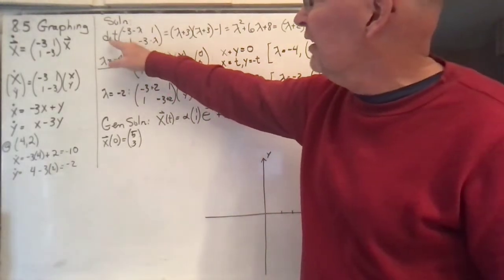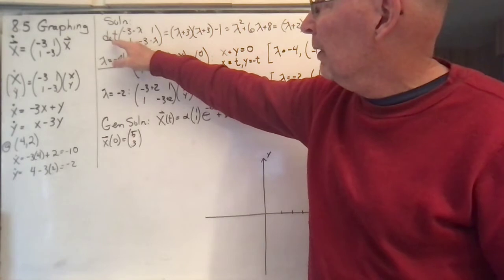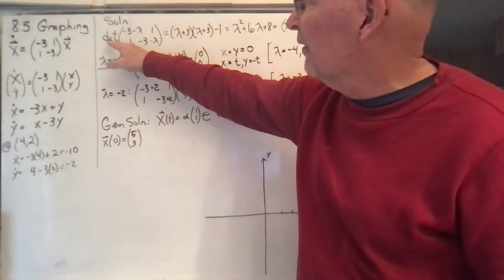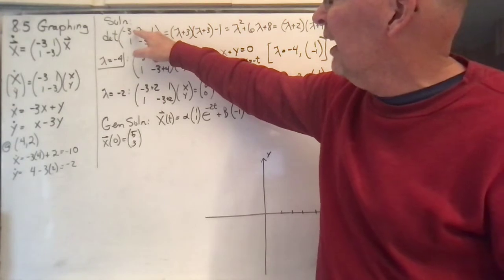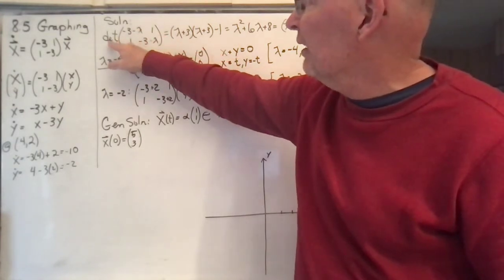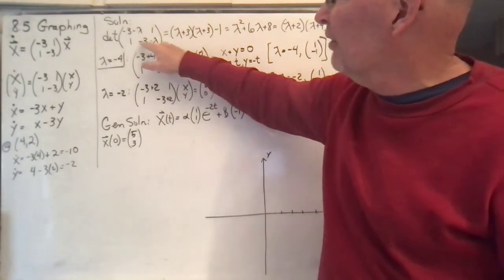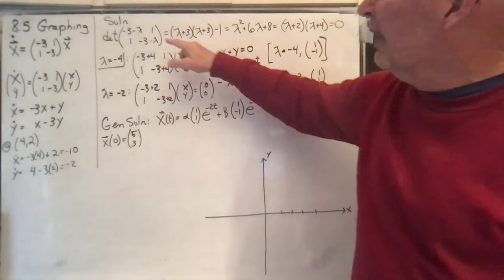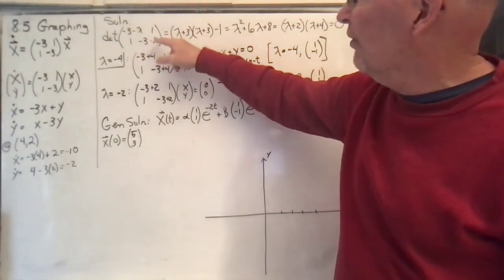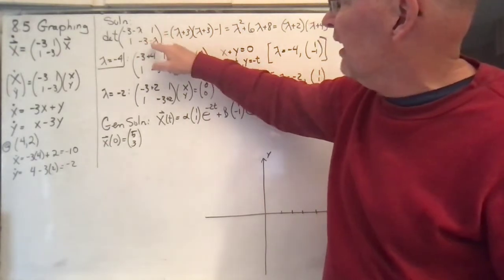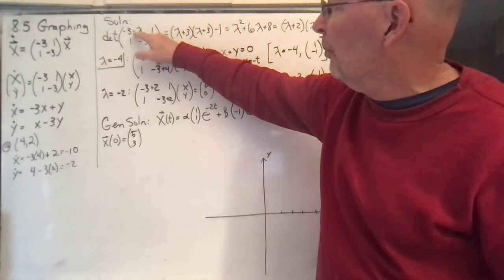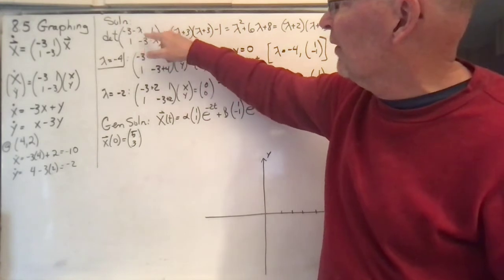We first need to find the eigenvalues, and the way you find the eigenvalues is to subtract lambdas down the diagonal and then take the determinant. So when I subtract lambdas, it's going to be like this. The determinant is this times this minus this times this. Notice you have a whole lot of negatives there, and if I multiply all those negatives out, I can get rid of all of them.